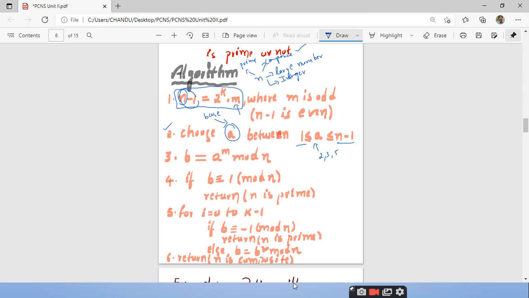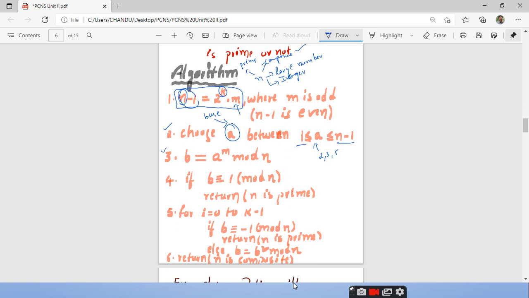When you are given a number n, you find n minus 1 and formulate it as 2^k times m, where m should be an odd number and k is something we will use in the next steps. We choose a base a between 1 and n minus 1, such as 2, 3, 5 and so on, which is less than or equal to n minus 1.